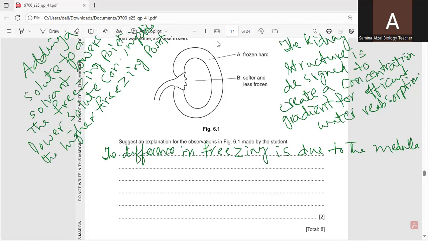Medulla is B, having a much higher sodium chloride and solute concentration.